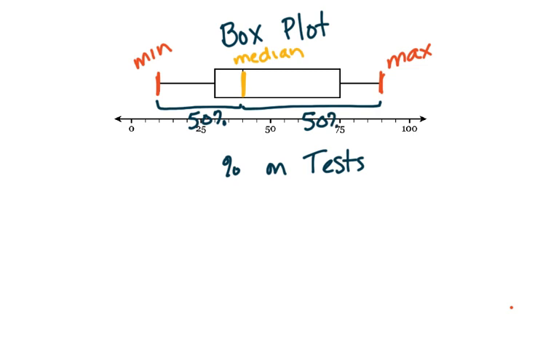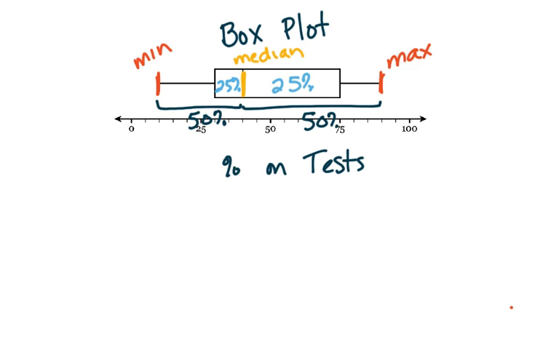And then each of these sides are 25%. So this sort of breaks it down into quarters for you, so you don't necessarily even know how much data there was. It could have 10 pieces, it could have 100 pieces, it could have 10,000 pieces. We don't know.